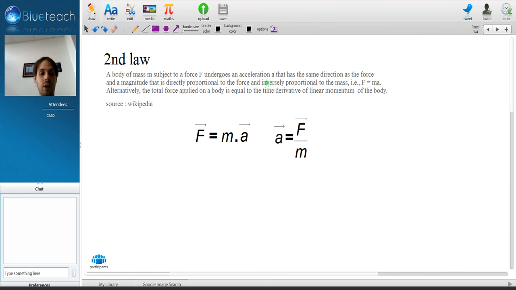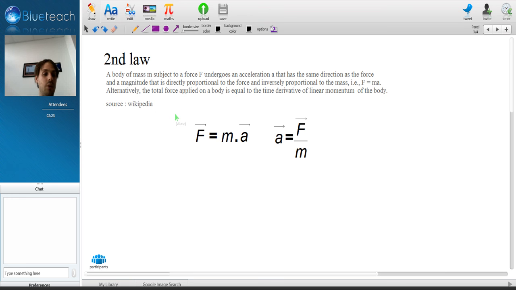The second law describes how the acceleration is related to the force that is on an object. If you take any object, a body of mass m, that's subject to a force which we're going to call F, it will have an acceleration.